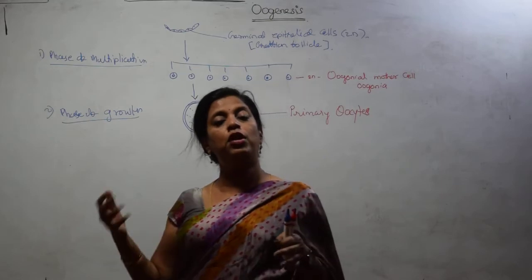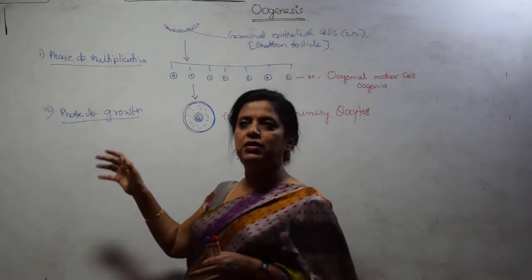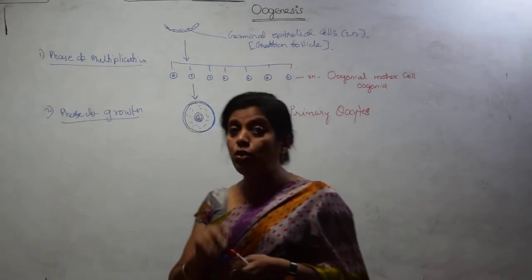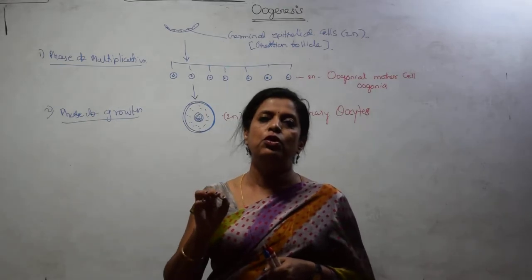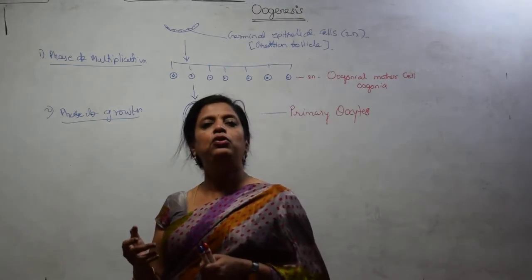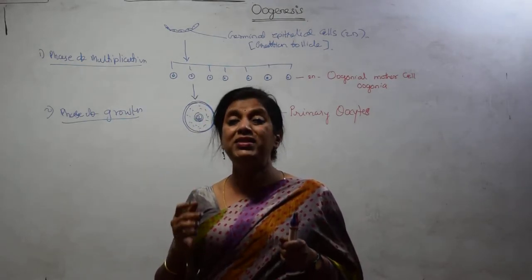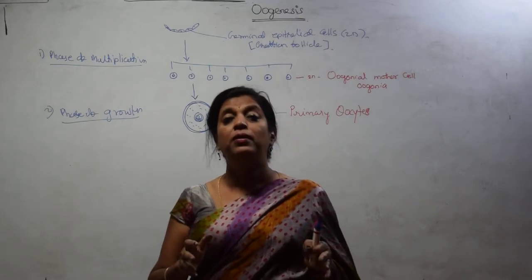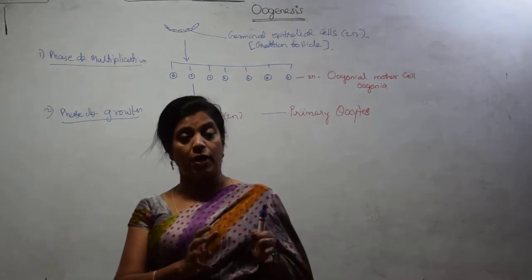Therefore, there will be a 200-300 fold increase in the growth phase. At this phase, there will be enlargement. But in humans, it's not so, because in humans, egg is produced without any yolk. Reason? Very simple. Humans undergo internal fertilization. Apart from that, once fertilization takes place, the mother develops a nutritive tissue called the placenta.